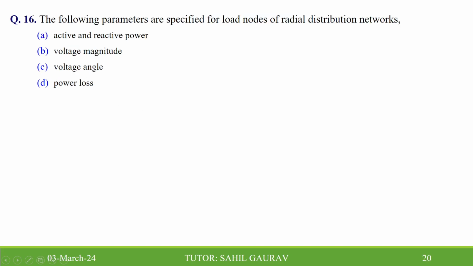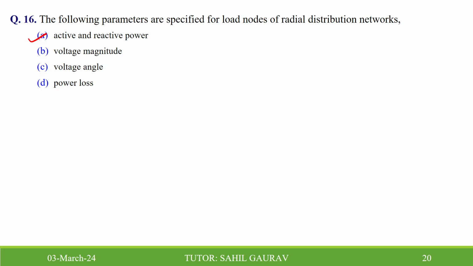Now moving to the next problem. The following parameters are specified for load nodes of radial distribution networks: active and reactive power, voltage magnitude, voltage angle, power loss. Active and reactive power. Yeah, similar to what we studied in the various load flow algorithms for transmission systems, like the Newton-Raphson and Gauss-Seidel load flow algorithms.